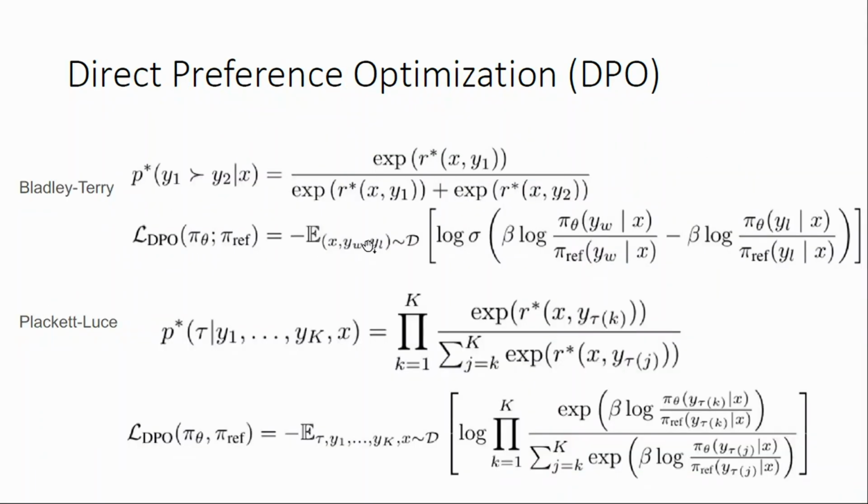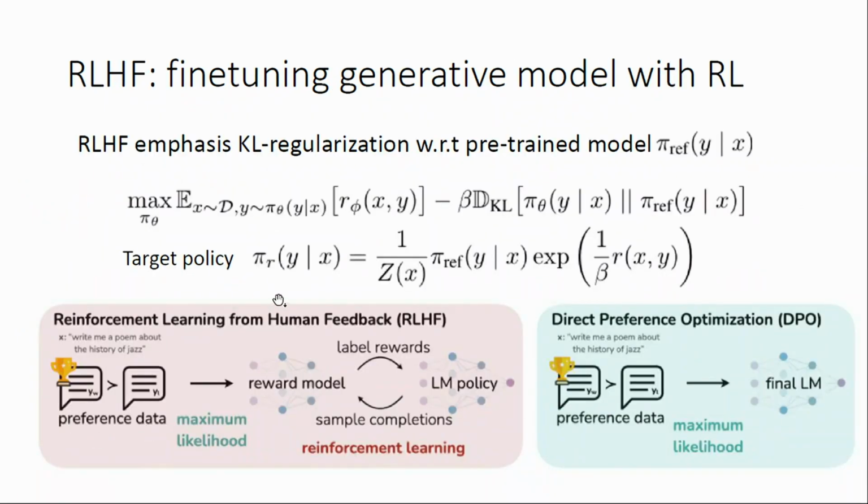Similarly, if you have a k-wise ranking instead of pairwise ranking, there's a similar model called the Plackett-Luce model, which essentially models it as drawing multiple samples without replacement. If you plug in the similar substitution, you get the DPO loss for a list of k types of feedback. So you can imagine all of this is basically trying to train a new policy which converges to the weighted version of your current policy, where the weight is somehow related to the reward.